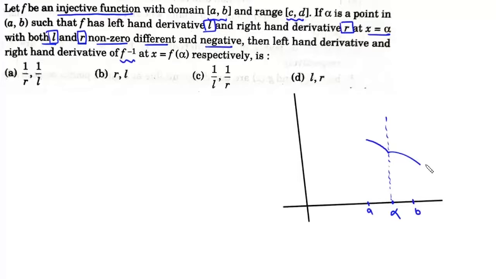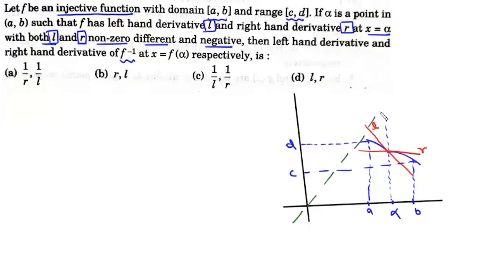Now we need to find left hand derivative and right hand derivative of f inverse at x equals f(alpha). Now this function is defined in the domain a to b and its range is from c to d. Now at alpha, if we draw this left hand derivative, its slope is L, and in the right neighborhood of alpha this slope is R. Now we know that for inverse function we just have to take reflection of this function about the y equals x line.